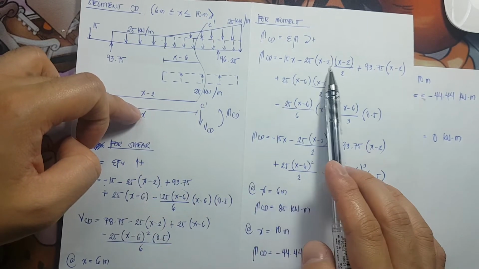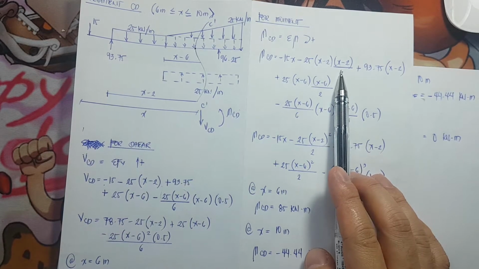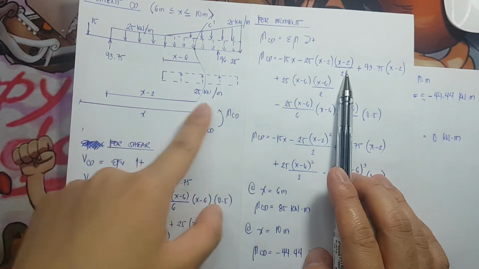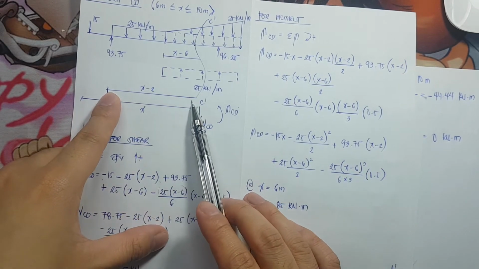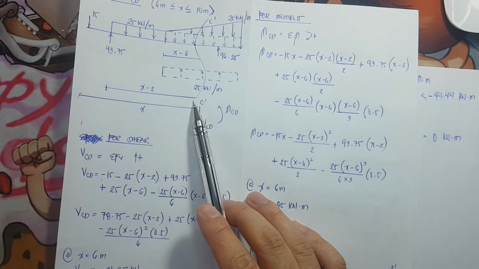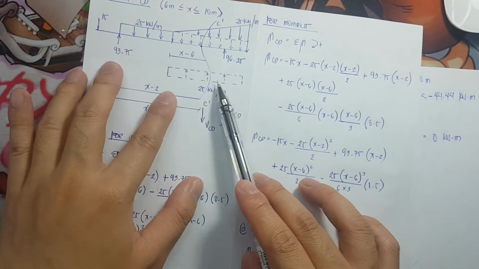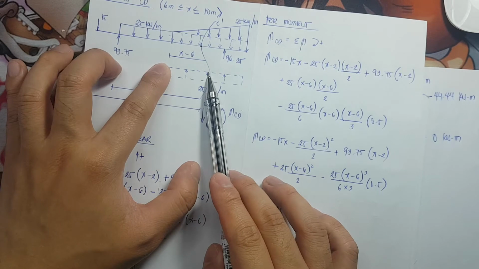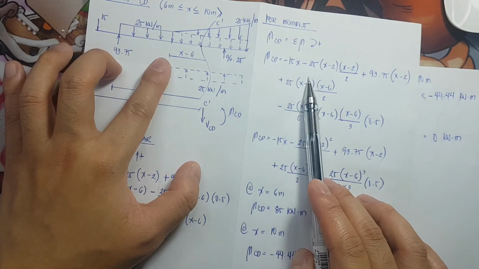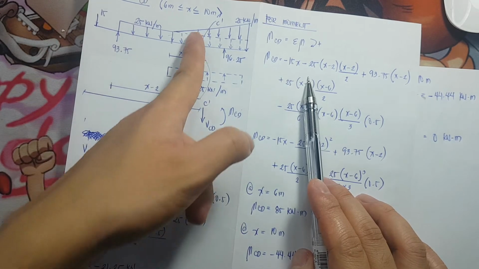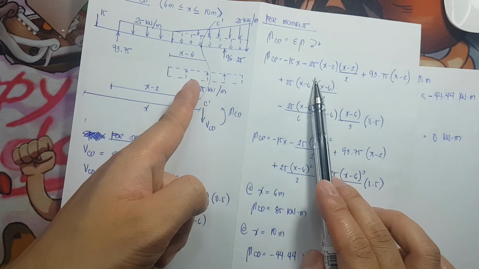So, X minus 2 for the span, X minus 2 over 2 is for the lever arm. Plus 93.75 because it is rotating clockwise, times its lever arm of X minus 2. Plus 25, rotating clockwise, times a span of X minus 6, times the lever arm. The lever arm is located at the center, so X minus 6 over 2.